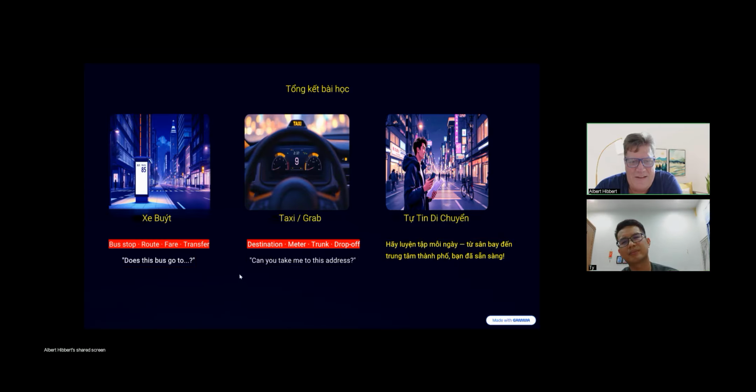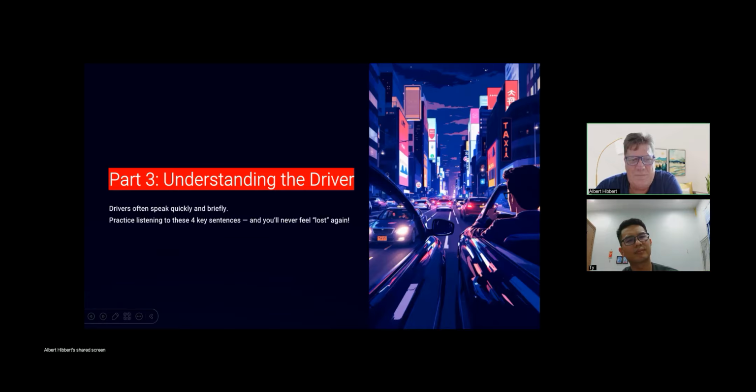So let's do part 3, understanding the driver. Now you are in the taxi. You want to make sure that you understand the driver. Sometimes taxi drivers, or even bus drivers, can speak quickly and briefly.